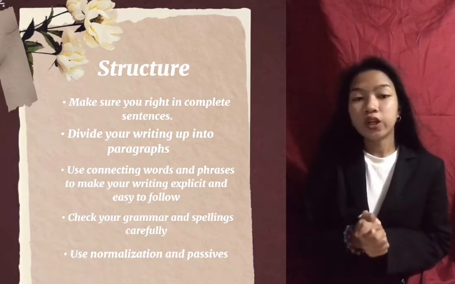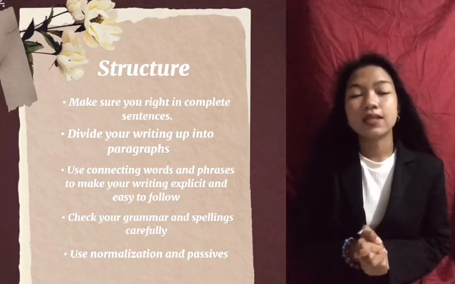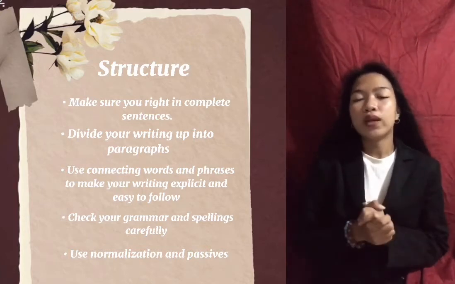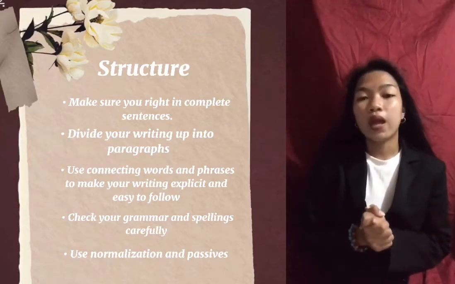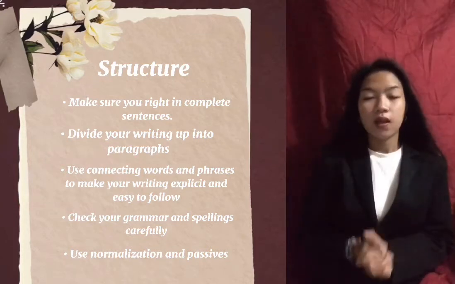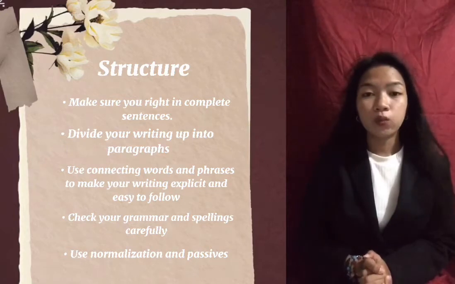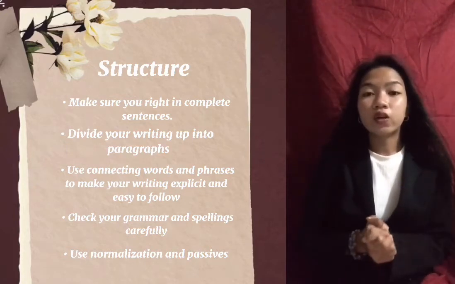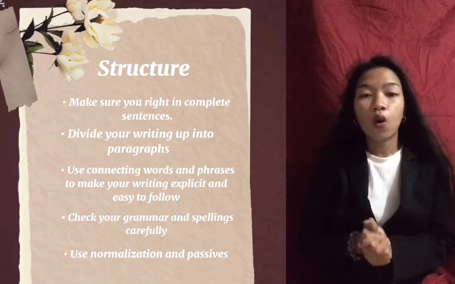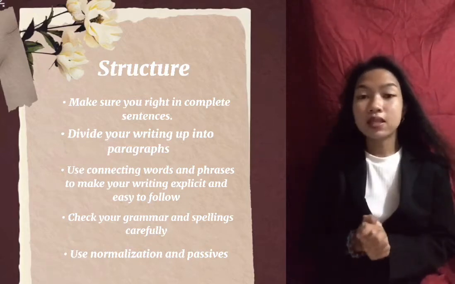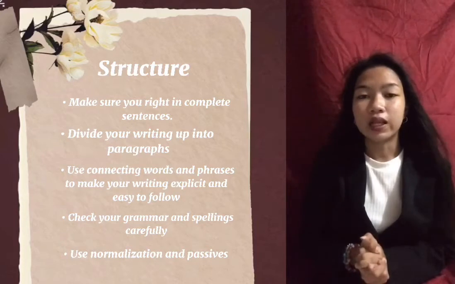So make sure you write in complete sentences. Always have a subject and predicate in your sentence to make it complete. Divide your writings up into paragraphs. Dividing your writings into paragraphs shows that you are organized and it makes them look reader-friendly.